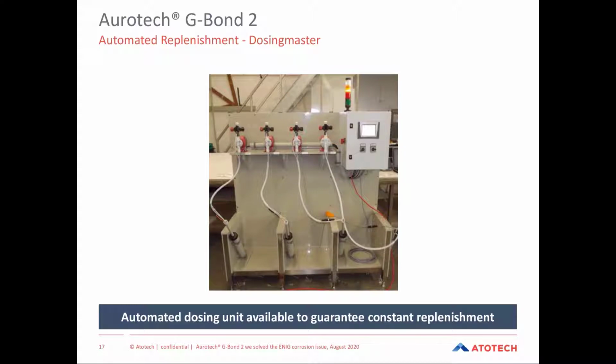This is the automated dosing tool that we offer with this gold bath. It consists of several pumps and a control unit where you program the dosing frequency and volumes that you need for the bath, and then the dosing starts automatically as soon as the bath reaches a certain temperature, so that you can be sure as soon as the bath is on temperature, it will be replenished automatically, and the bath can be kept stable and will have no tendency for any precipitation or plating out.